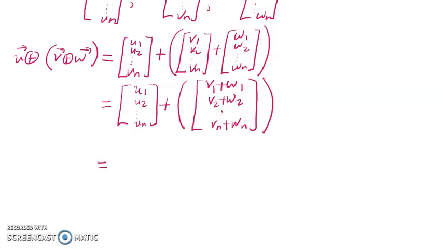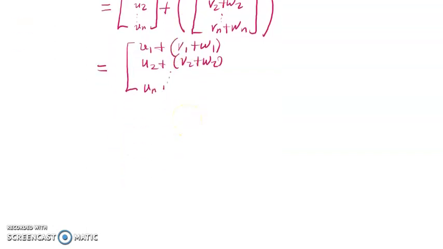So this is now equal to, this one plus this, so that is just u1 plus this quantity, v1 plus w1, similar with u2, v2 plus w2, up to un plus vn plus wn.